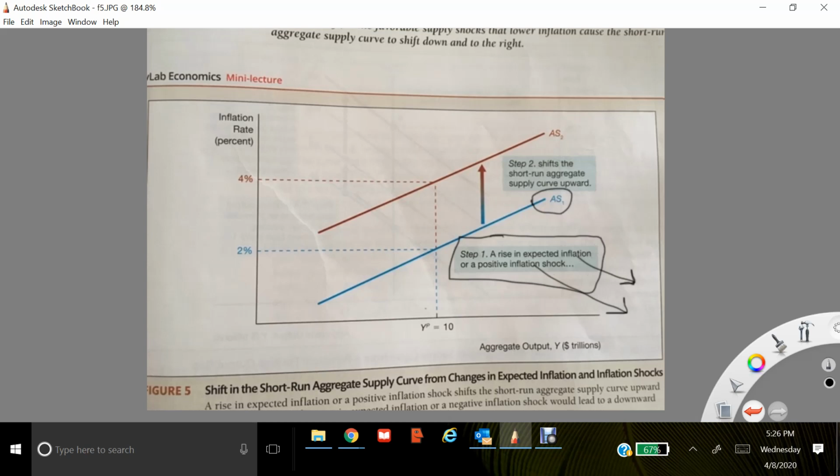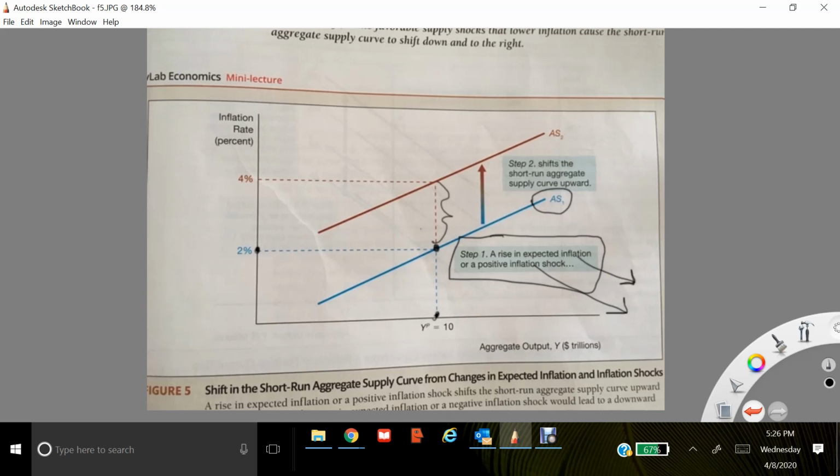Okay, so if we're at potential output here and a sort of equilibrium inflation rate, if now people expected inflation to rise, as we discussed a little while ago, that would cause an increase in inflation today.